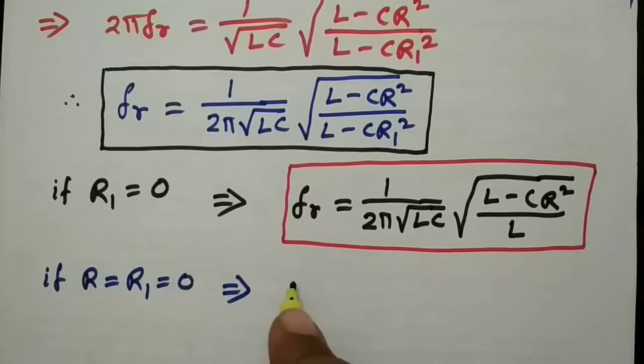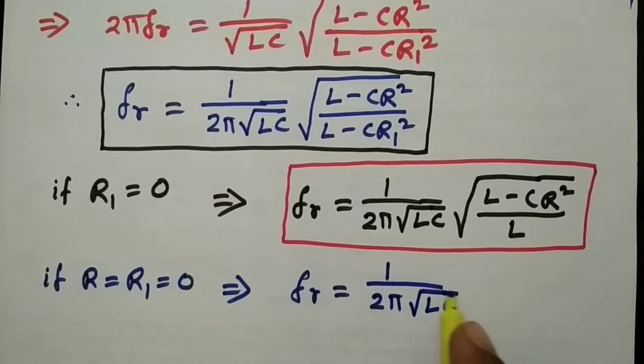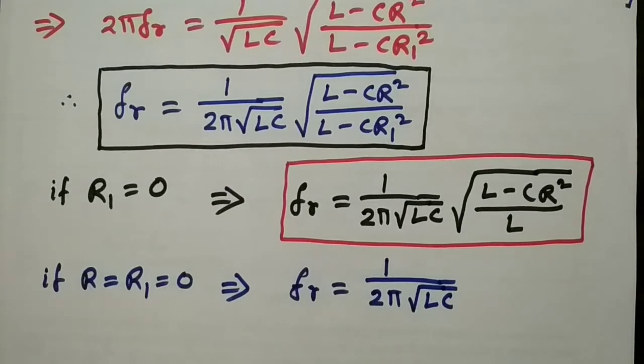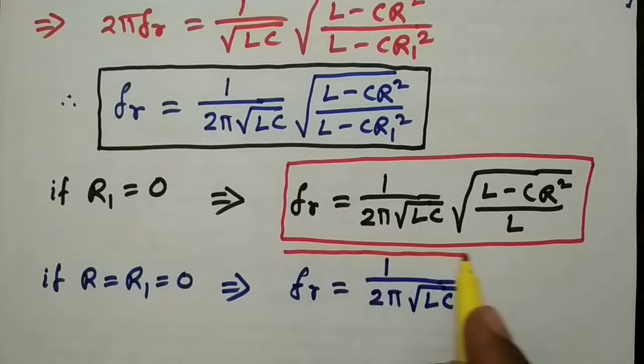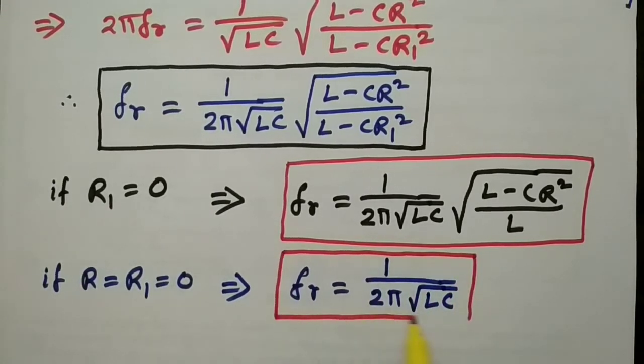So finally, the resonant frequency will be 1 upon 2 pi root LC. So this is the resonant frequency of a parallel circuit when the resistance of both the branches is 0. That means only an inductor and a capacitor are connected in parallel. Then the resonant frequency will be the same as that of the series circuit.